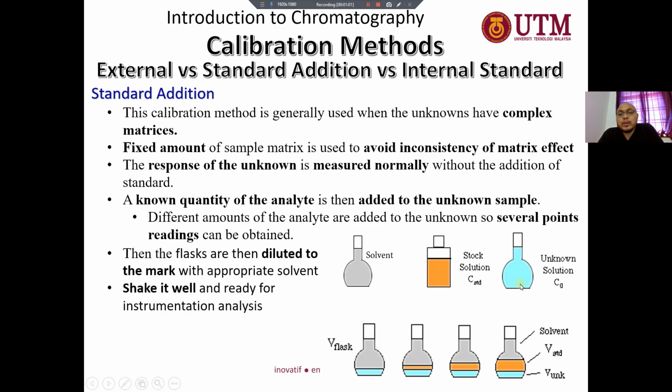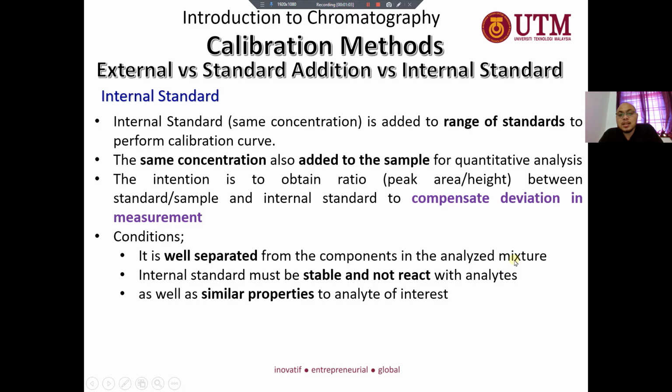The same concentration of internal standard is added to the range of standards to perform the calibration curve, and also added to the sample for quantitative analysis. The intention is to obtain the ratio of peak area or height between the standard or sample and the internal standard, to compensate for deviation in measurement. For example, you want to analyze Panadol or paracetamol.